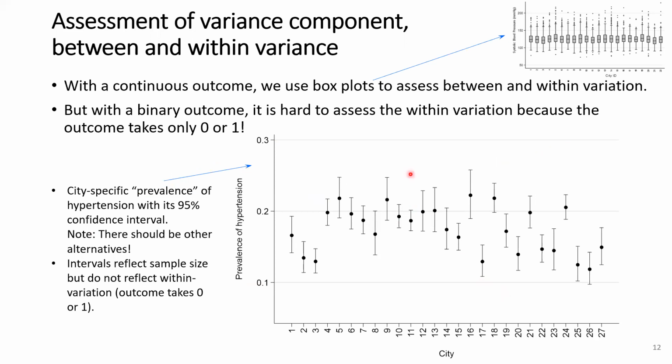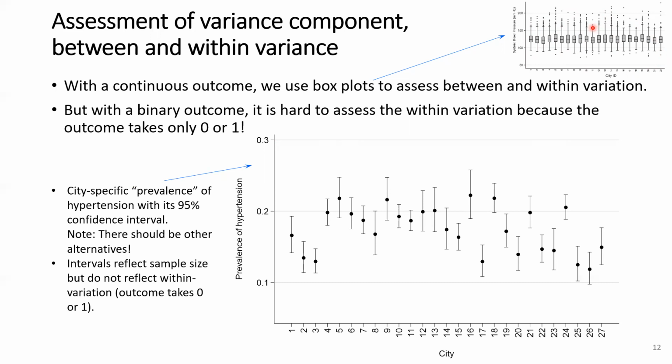So we go back to separating out variability between and within cluster. When we use a continuous outcome, we are able to use this box plot to see between city variability and within city variability.